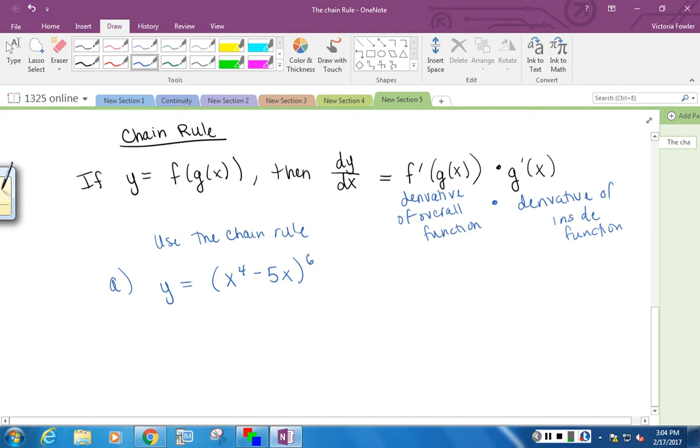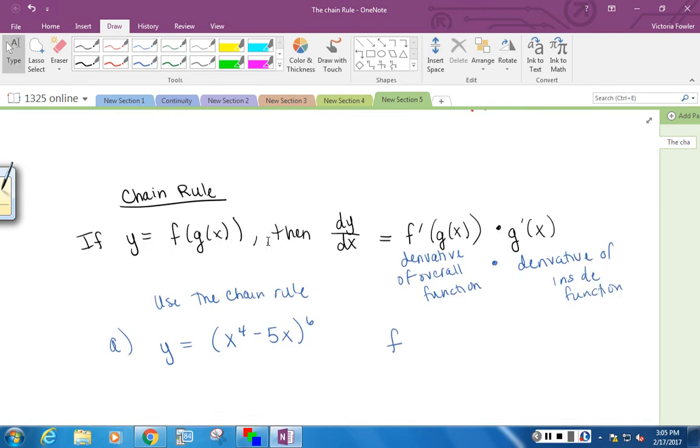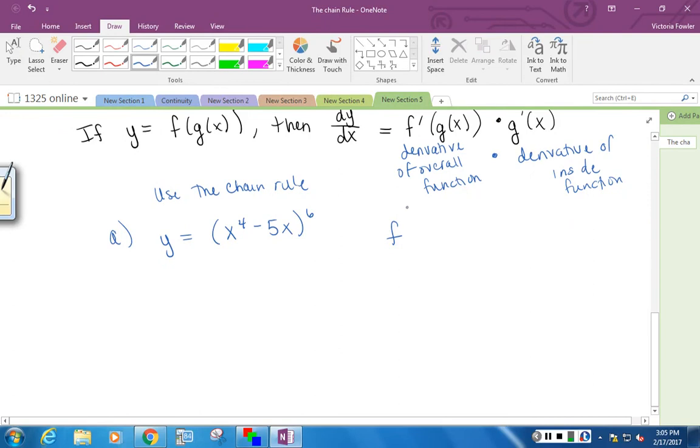So this is like me saying that we have a function f of x equals x to the 6th, and that I replaced everywhere there's an x in the function f with x to the 4th minus 5x.